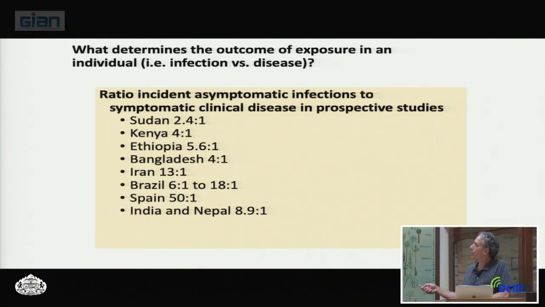This is the ratio of incident asymptomatic infection to symptomatic clinical disease. So in India, it's 8 or 9 or 10 to 1. So many more people somehow control the infection after transmission by bite than go on to develop disease.